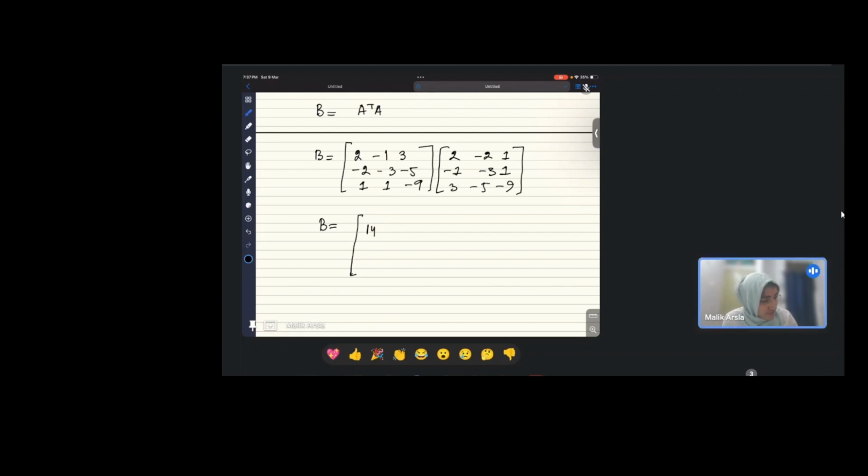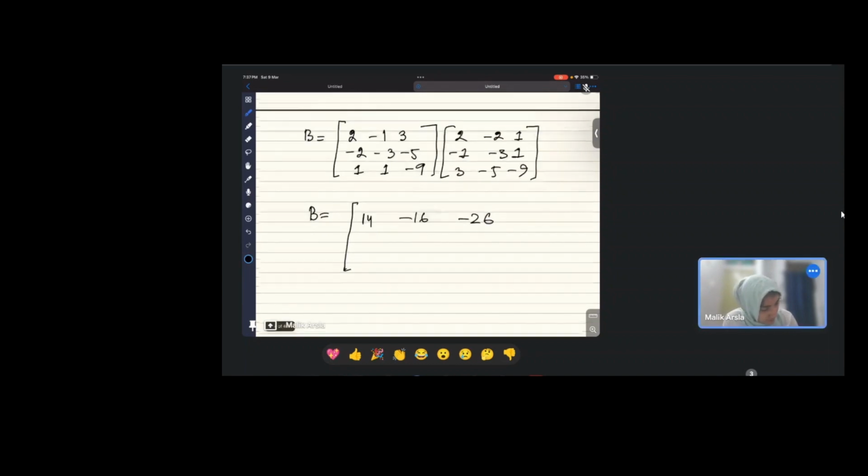It is 22, second term. Ma'am, what is the second term? Minus 16. Yeah, the third, minus 26, minus 16, and remaining now I have to do. 38.